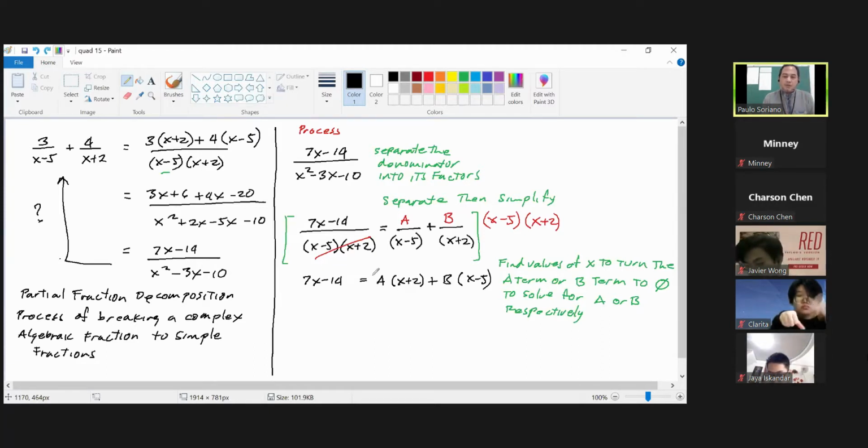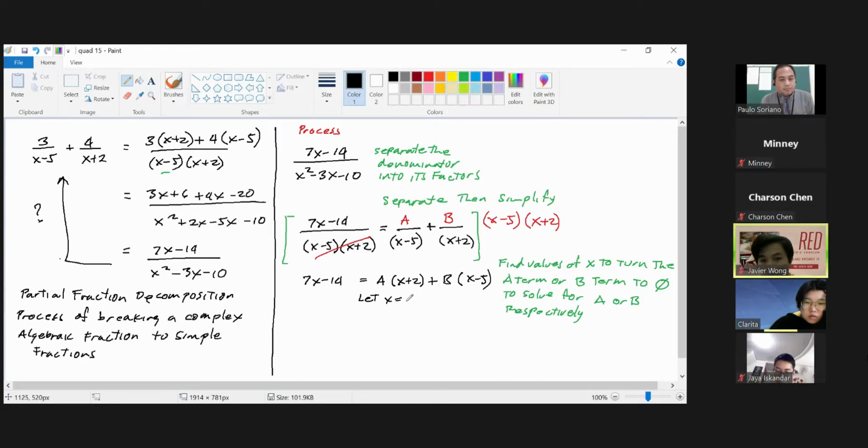So if I want to make this 0, what will be x? Let x equal to what? Negative 2. If I let x equal to negative 2 here, I will substitute all x's there.